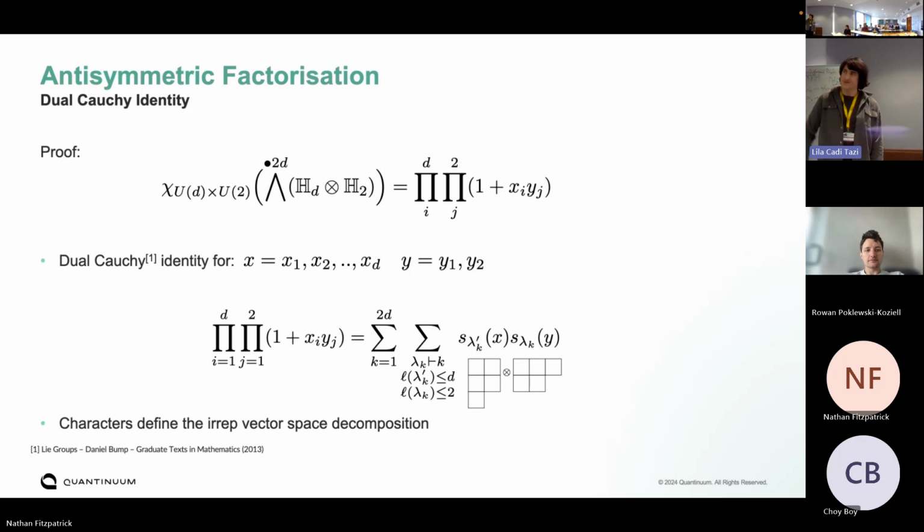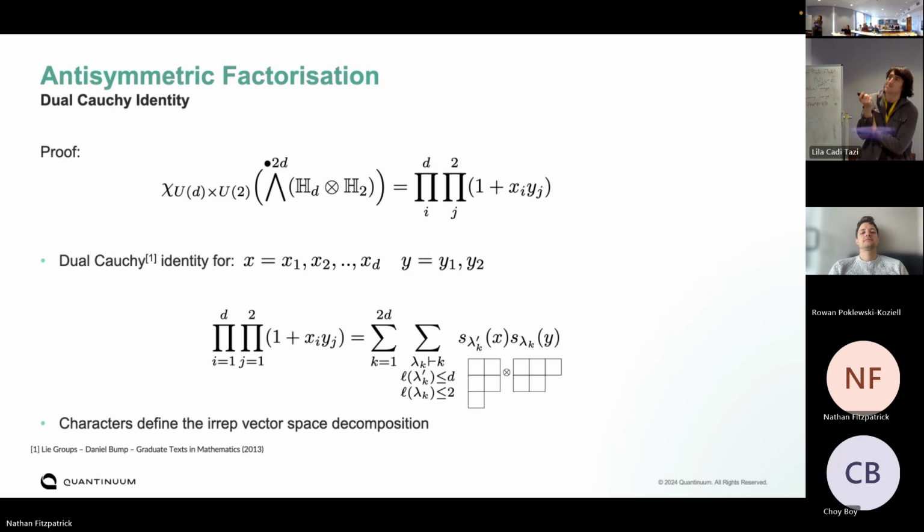So that's the theorem. And I think I actually came across this before I found the theorem. I thought I discovered Howe duality, but I figured that it was done beforehand. So when you do this exterior product decomposition over HD cross H2, and then you take the character, we take that generating function of elementary symmetric polynomials.